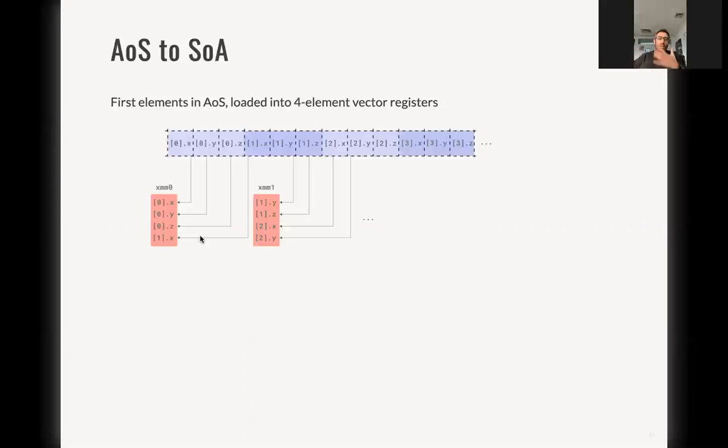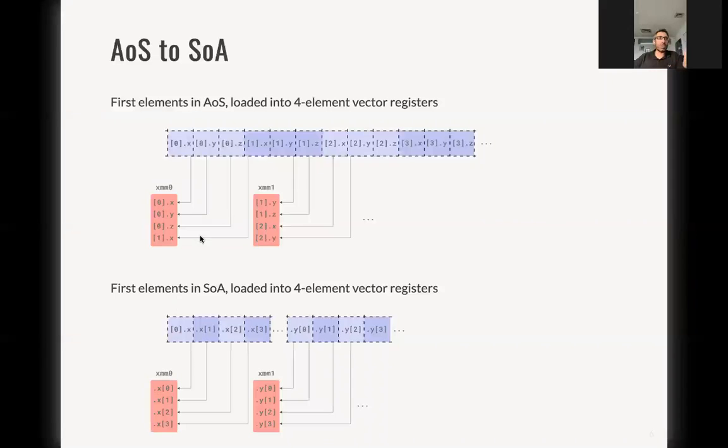So if I have the new data layout now, which I put down there below, basically what I'm doing is, as I said, I'm transposing what runs fastest. So now the I index of the array runs fastest, and I have the X component of the 0th element, then the X component of the first element, then the X component of the second element, and so on, and then start the Y components.